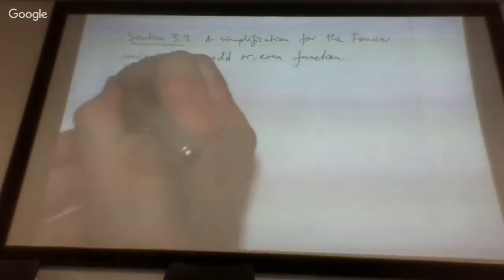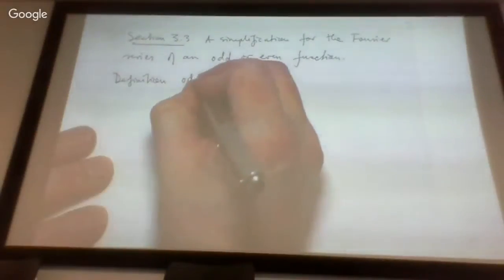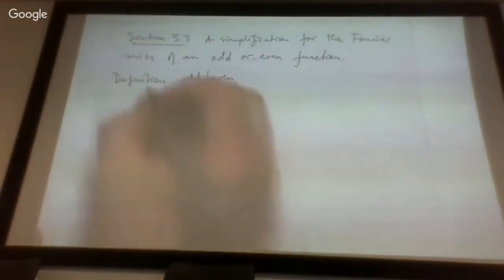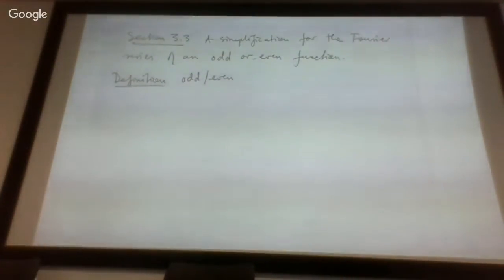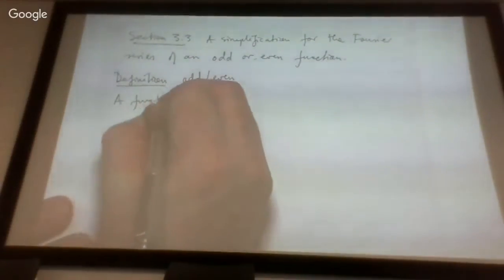Okay, so the definition of odd or even first. A function f is even.